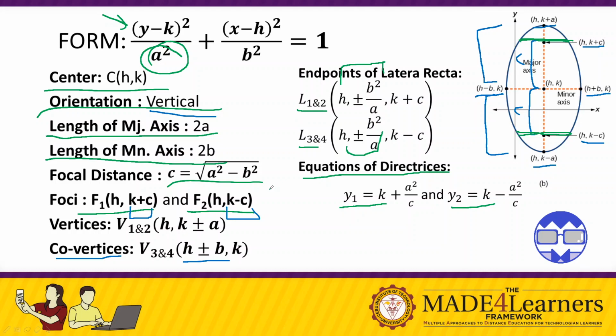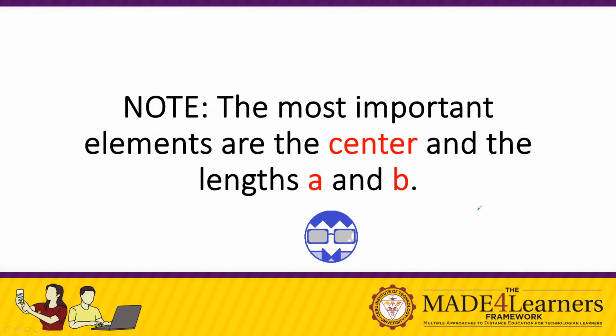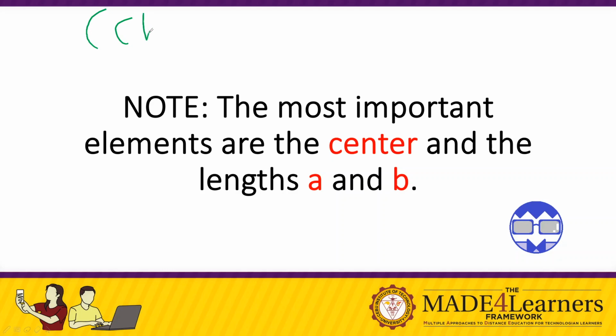So I think that's for this point. Take note that the most important elements of an ellipse are the center and the lengths a and b. Why do we say that this is true? Let's try to write our elements. Our center is just (h, k).